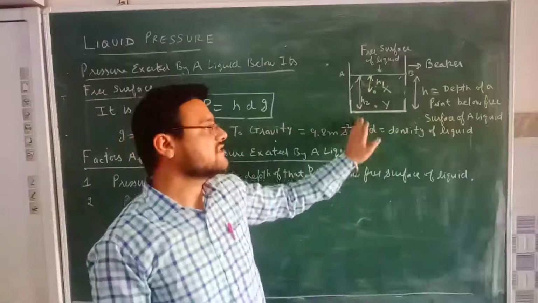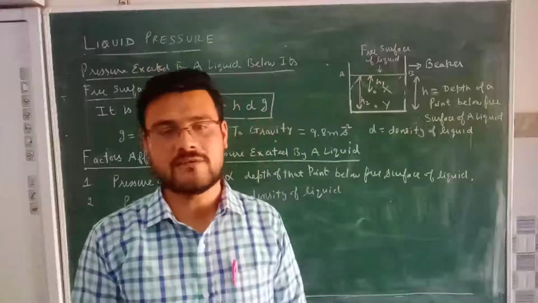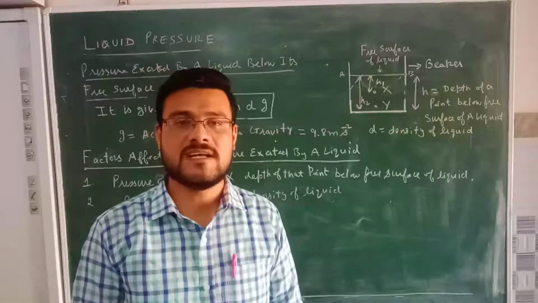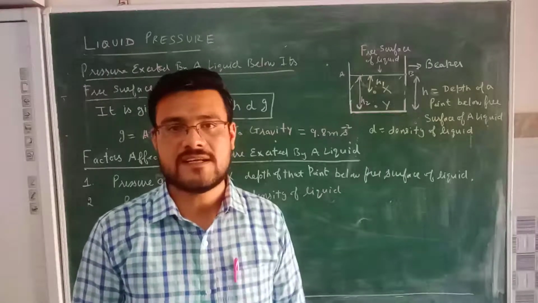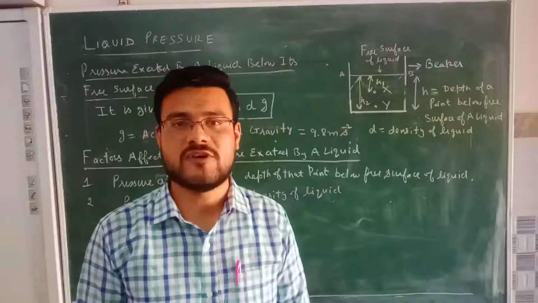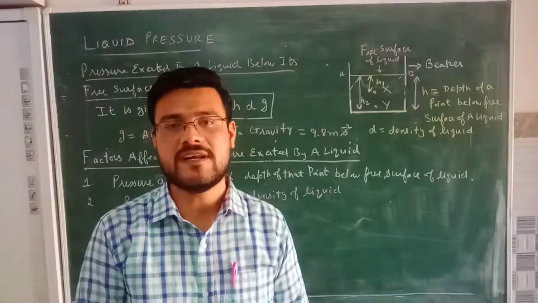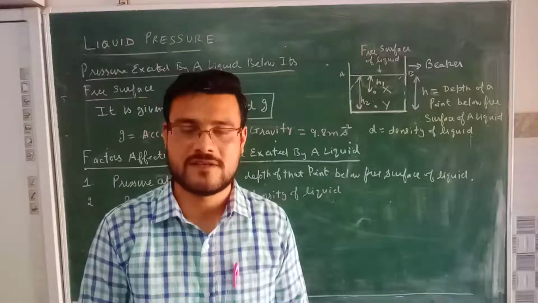So whatever pressure this liquid is exerting at the base of the container, it arises purely due to the weight of the liquid contained in the beaker. We know that the weight of a liquid depends upon its density. So greater the density of the liquid, more will be the pressure exerted at the base of the container.